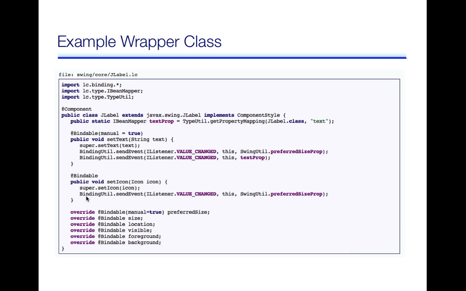These two actually do the same thing, but it shows the difference between @bindable with manual equals true and without. Since preferred size, we're already sending the events, we can mark it with manual equals true, but we do want to inject data binding automatically for size, location, visible, foreground, and background.